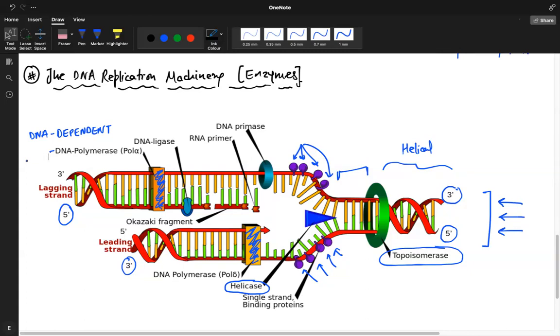You can even write deoxynucleotides, it's fine. Okay.